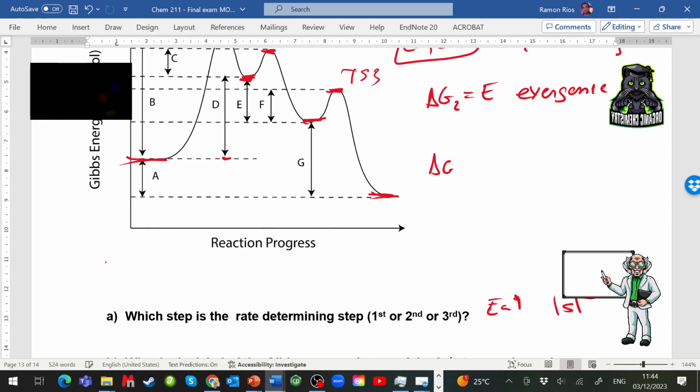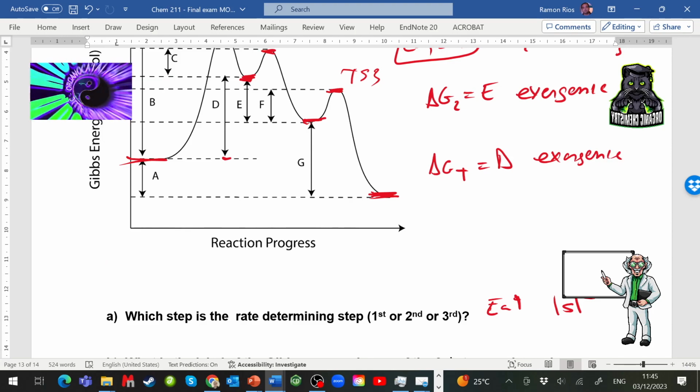So the variation of the total energy is equal to A. Okay, and A is negative, because the final products are lower in energy than the starting materials. That means that the global reaction will be exergonic. If the final products are more stable than the starting material, the reaction will have a tendency to go to the products.